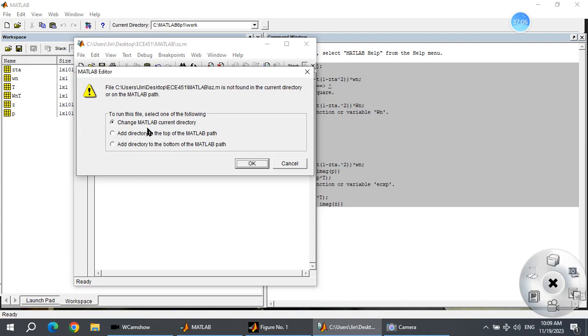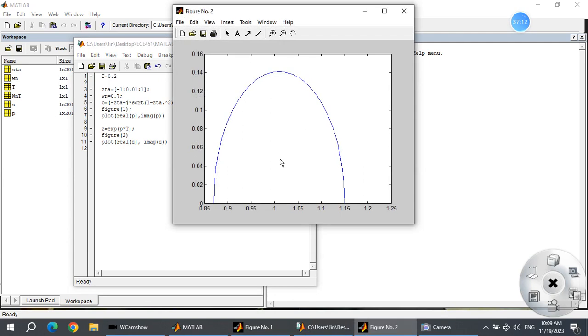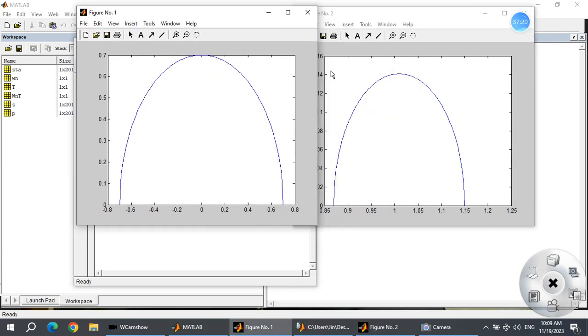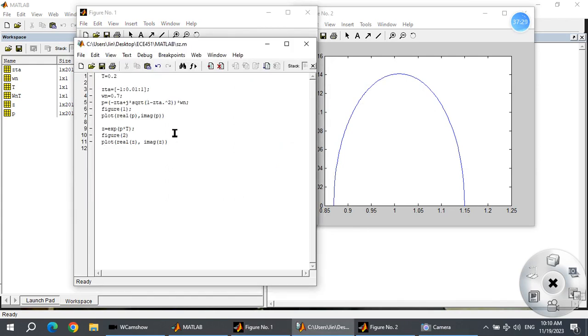Oh, I need to change my lab. Okay. I have figure 1 and figure 2. We can compare these two. What's the difference? Okay, I can give several omegas, right?